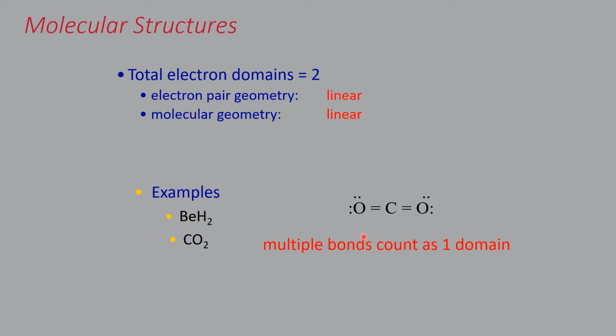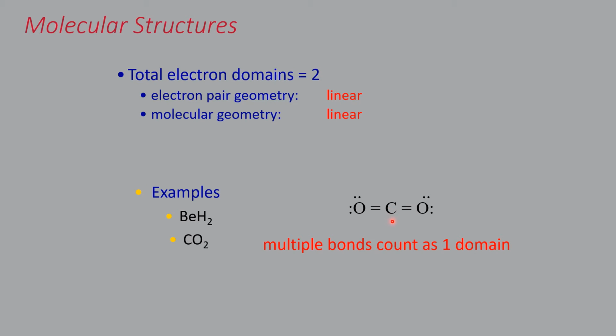If you do the Lewis structure for carbon dioxide, you should get something like this. You've got two double bonds on the carbon to each of the oxygens, and each of the oxygens also has an unshared pair. Now what matters is the number of electron domains around the center atom, in this case the carbon.